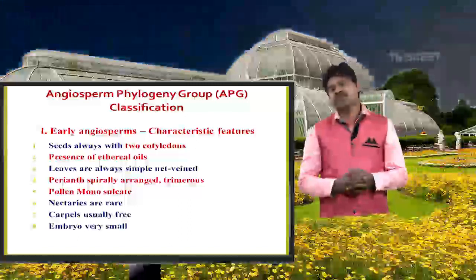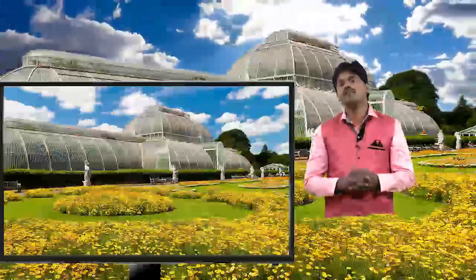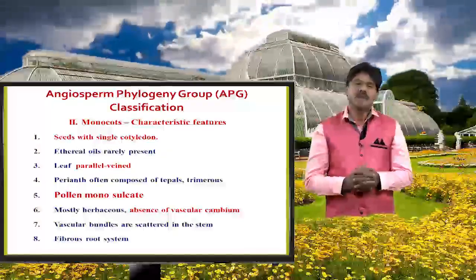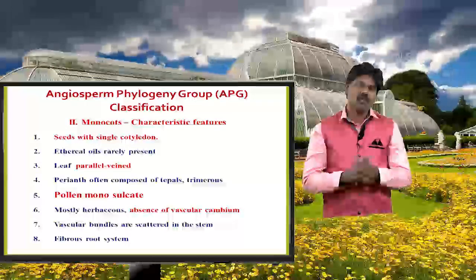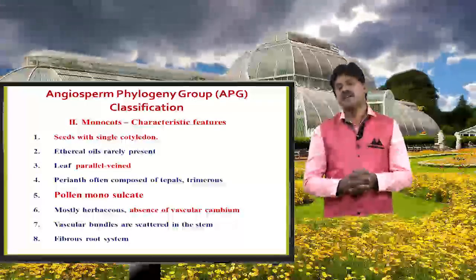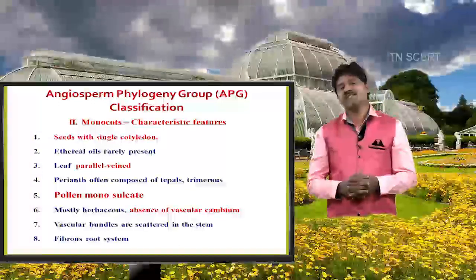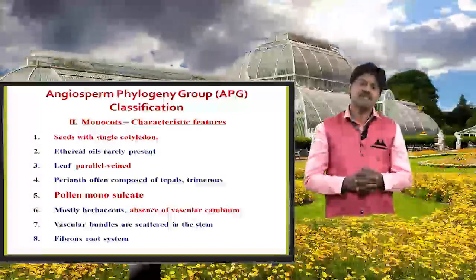Next, let us see the characteristic features of monocots. So monocots have a single cotyledon. The venation type is parallel venation. Trimerous flowers.